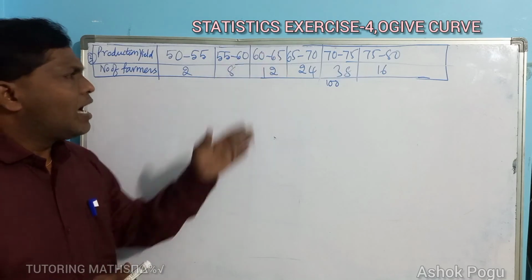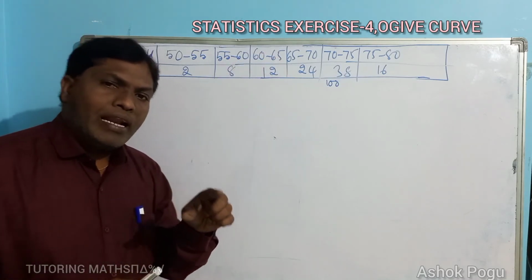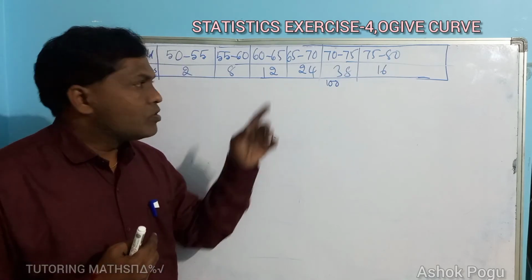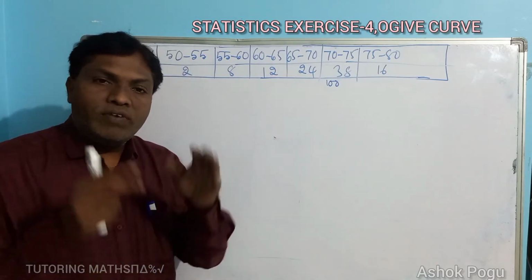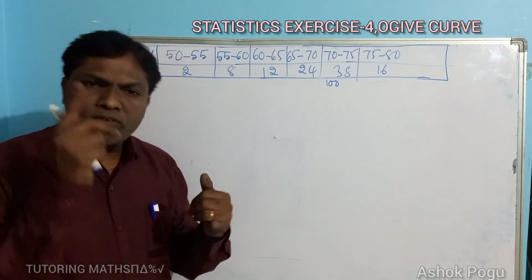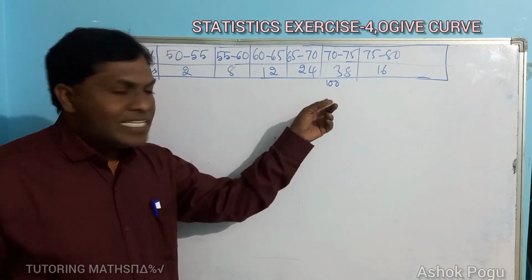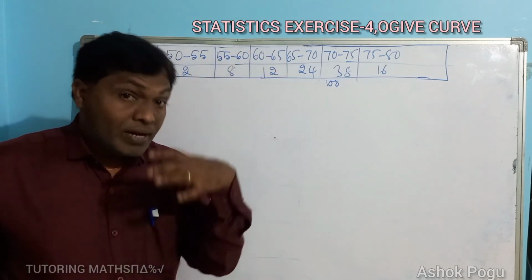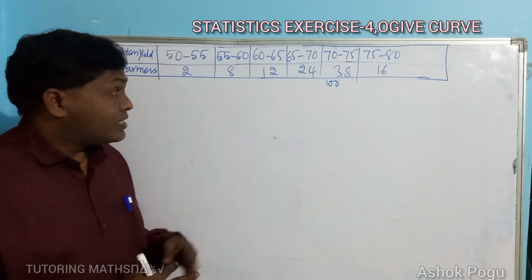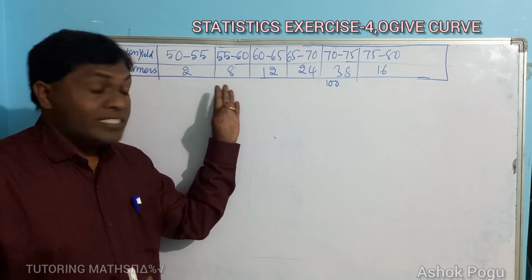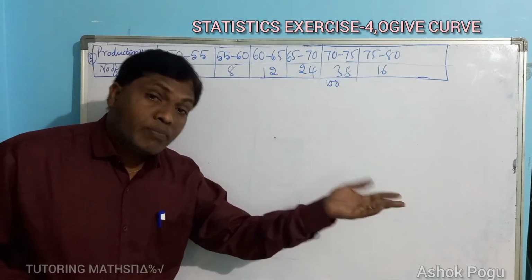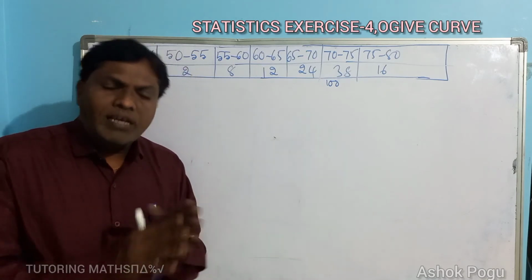This is the data, and now we have to prepare greater than type cumulative frequency, and we have to draw the Ogive curve. For this data you have to draw the Ogive curve and change into greater than cumulative frequency curve, or we can say convert this distribution into more than type distribution, more than type or greater than cumulative frequency, both are same.